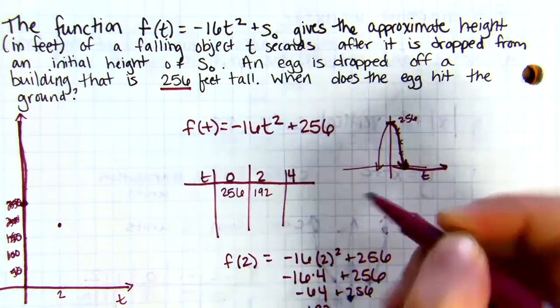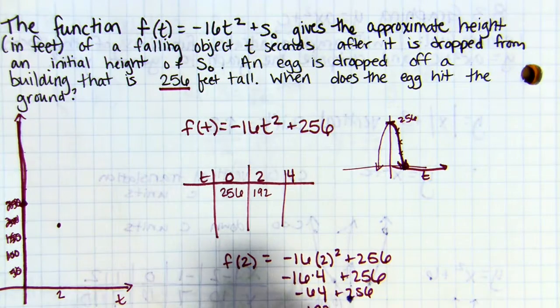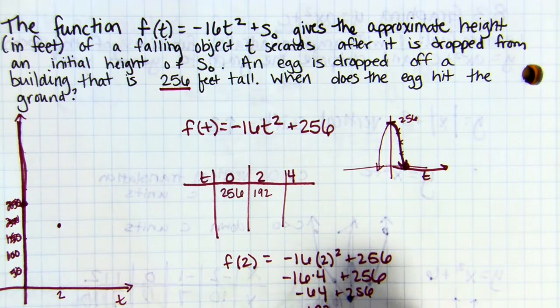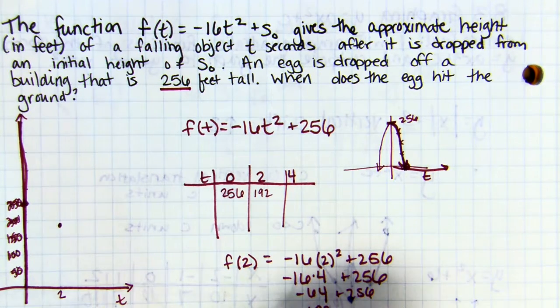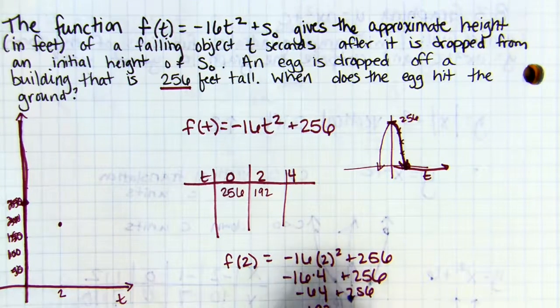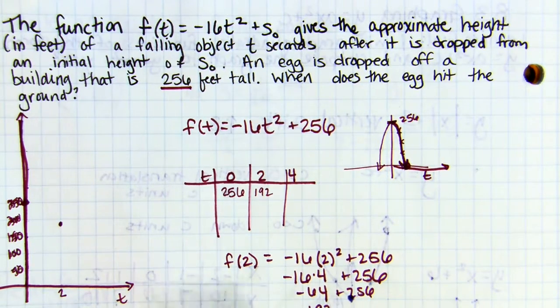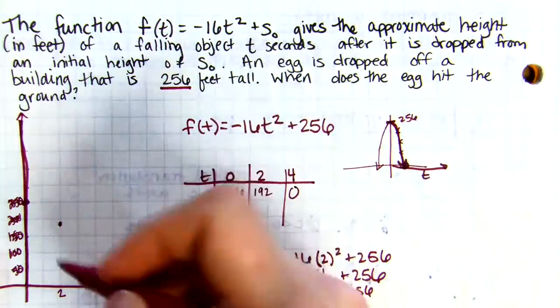Let's try 4 seconds. F of 4, negative 16 times 4 squared plus 256. So 16 times 16 is actually 256. So this is negative 256 plus 256, and I get 0. So f of 4 is 0.